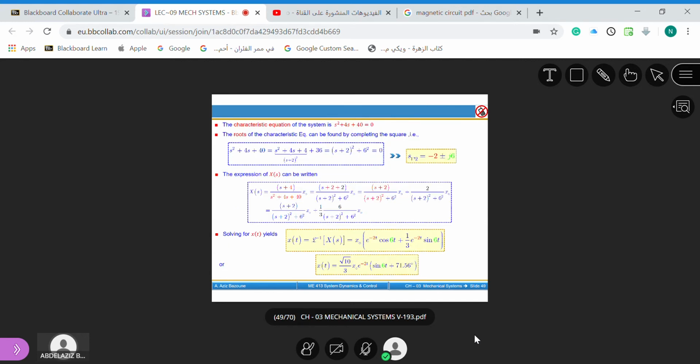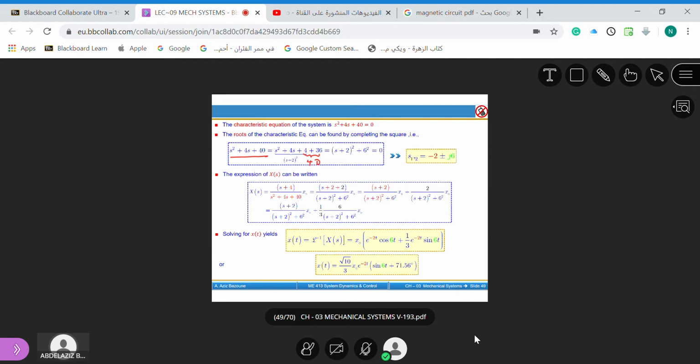Now let's look at the denominator, the roots of the characteristic equation. We can write the term s squared plus 4s plus 40, where 40 is 36 plus 4, and decompose it into a complete square: s plus 2 squared plus 6 squared.